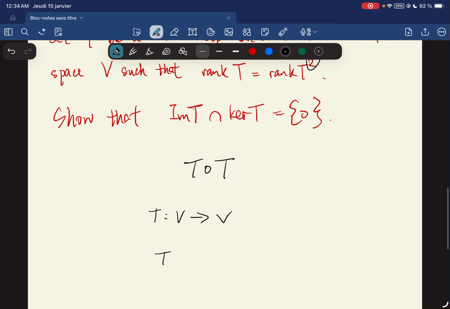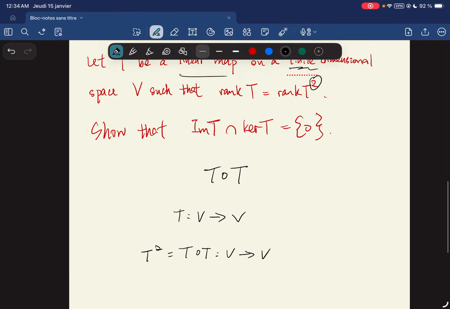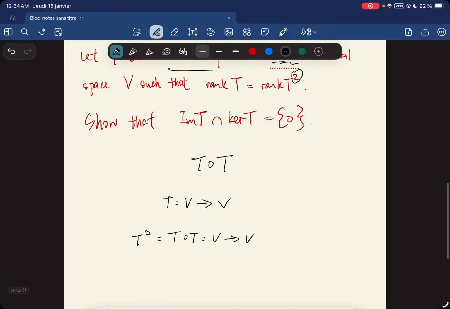So if it composes with itself, the domain and the codomain stay the same, and it is again a linear map from itself to itself, or if you know this notation, an element of the vector space of linear maps from V to itself.